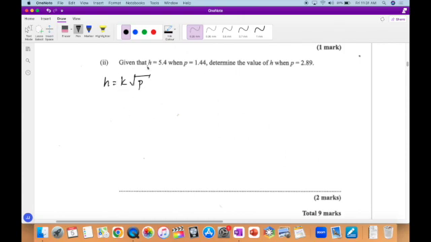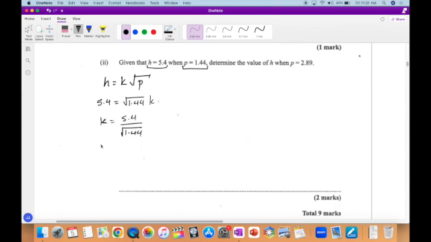So they give you an h and a p to substitute there, so you could find k, right? So h is 5.4 and p is the square root of 1.44 multiplied by k. So therefore k will be 5.4 divided by the square root of 1.44.